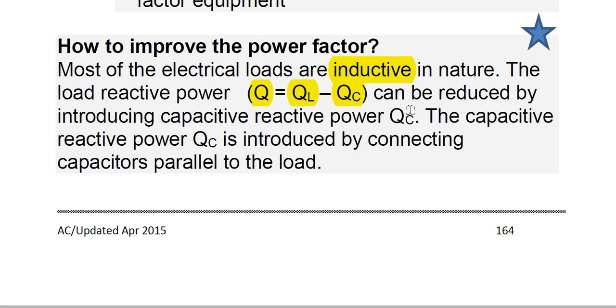This can be reduced by introducing capacitive reactors. That means we increase the capacitive power so that it cancels out the inductive power. So the capacitive reactive power QC is introduced by connecting capacitors in parallel to the load.